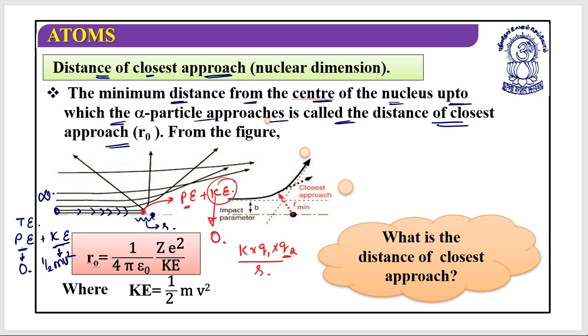Now let's represent q2 by Ze and q1 by e. So this equals k Ze squared divided by r. Comparing, half mv squared equals k Ze squared by r, so r naught equals 1 upon 4 pi epsilon naught times Ze squared by the kinetic energy, which is half mv squared. I hope this is clear.